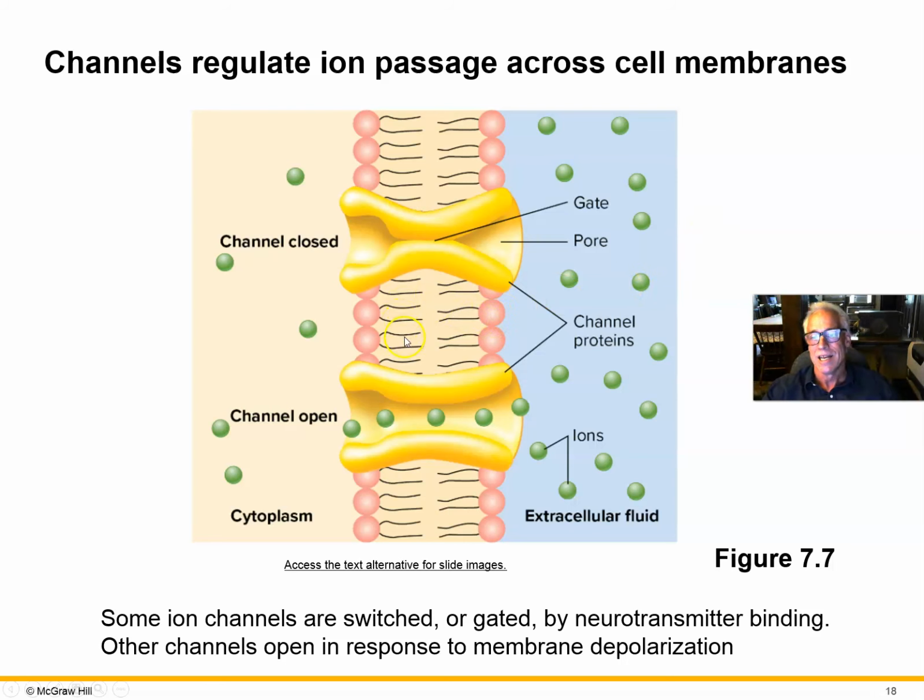That's called gating. And there's a couple of kinds of channels to think about. Some channels are gated by chemicals that bind, like a neurotransmitter released from an axon terminal. If a neurotransmitter bound to a certain type of channel, it would pop open like this, and ions would flow across the membrane. Other channels are responsive to the electrical properties of the membrane.